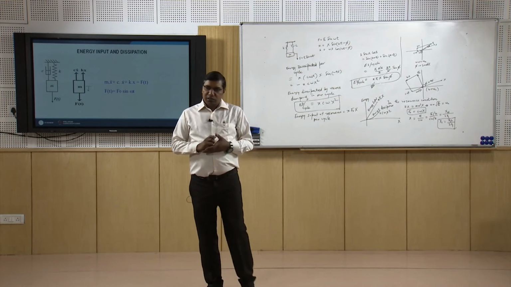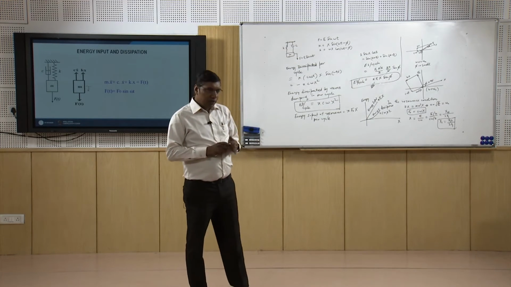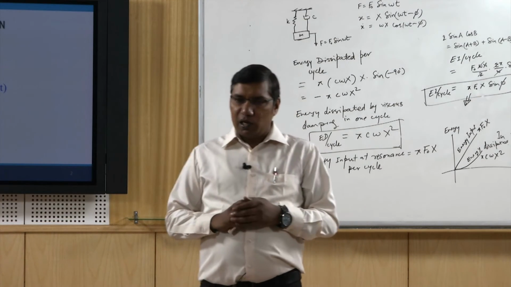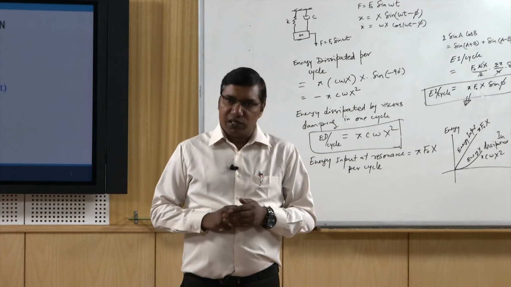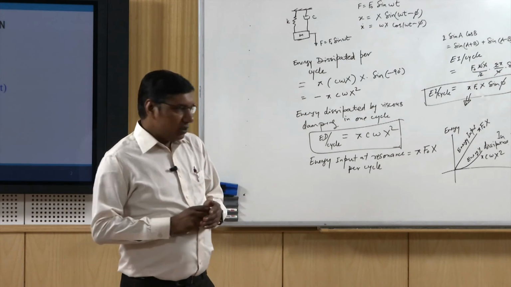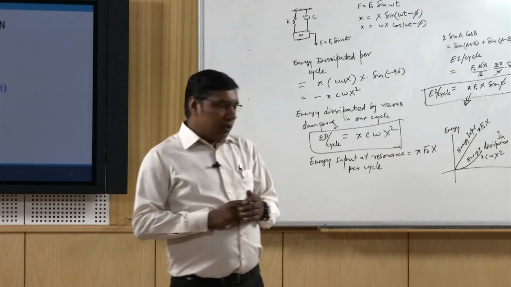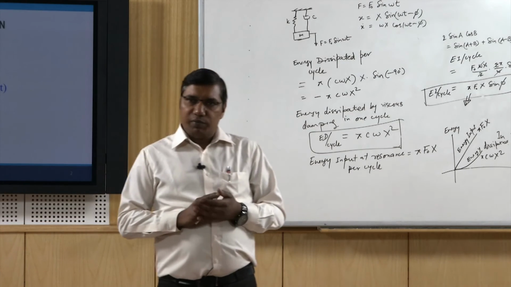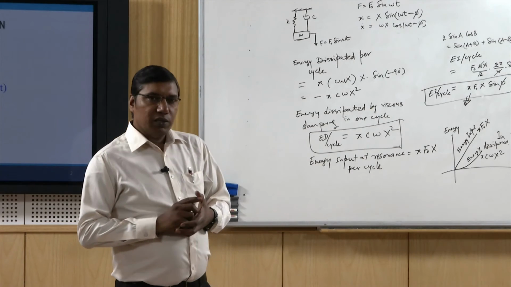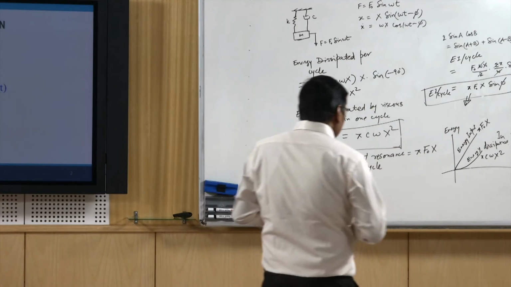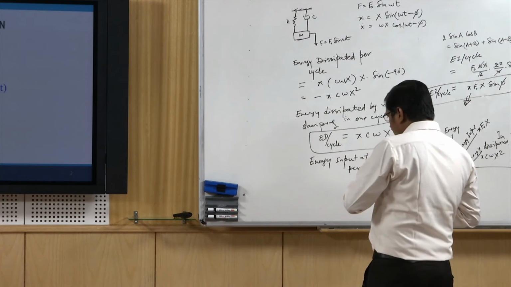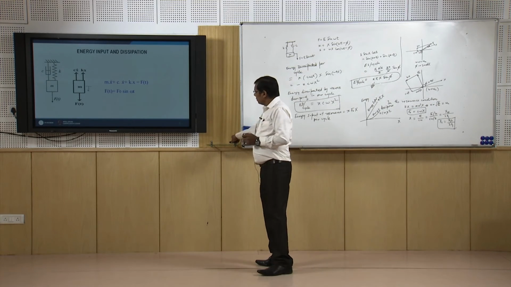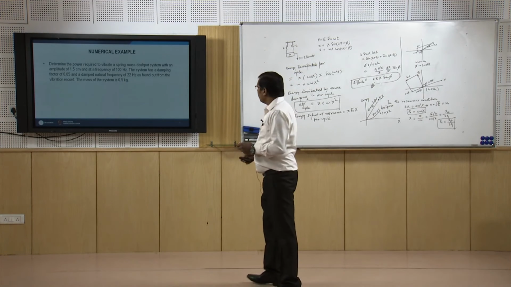Some energy is used by the system for its vibration, and there is an interconversion between the potential energy of the spring and the kinetic energy of the mass. Now we can take one numerical example.